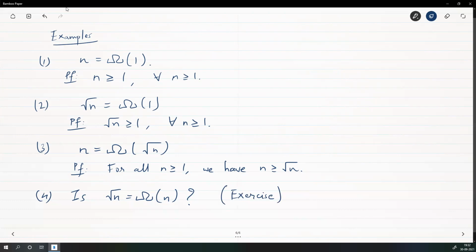So that is it. And what is the relationship between big O and big omega? There's a very, very simple relationship. So this is the theorem. Let f and g be functions from Z plus to R plus.